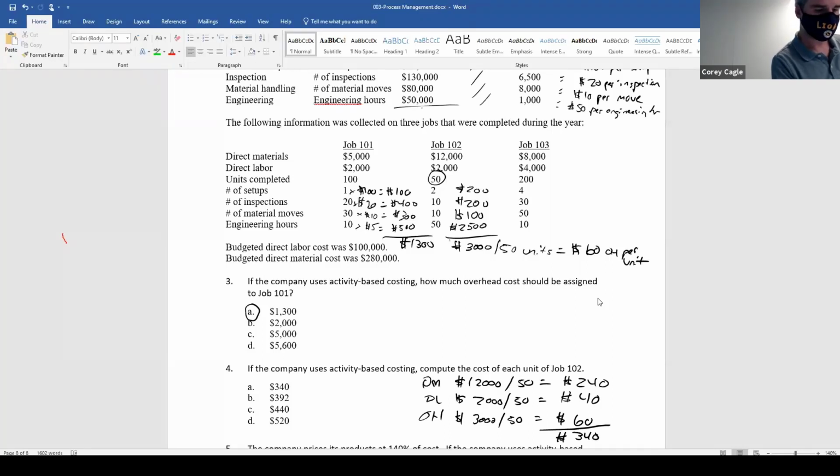So 340 total cost. So this one wanted overhead cost total. This wanted cost of each unit. Total cost of each unit. Yeah, I should have added material, labor, and overhead all together and then divided, but I went down the path and kept going.